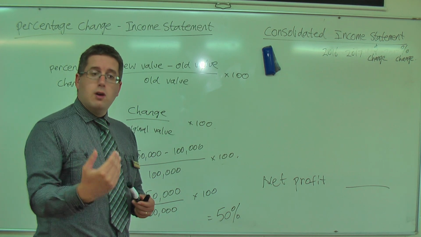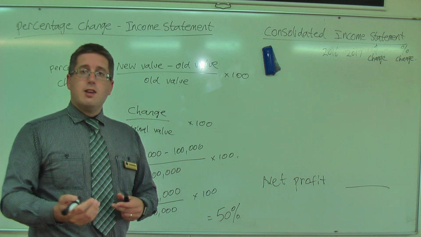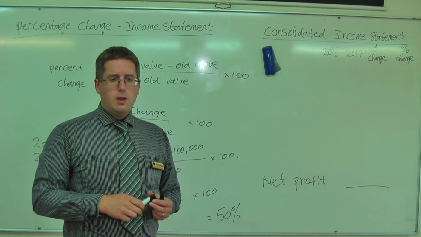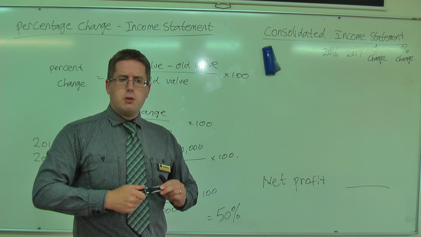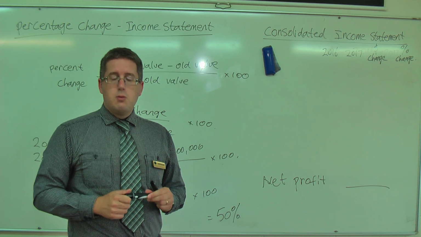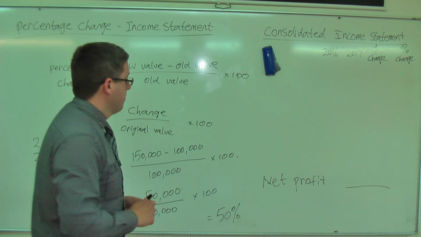Generally, increases in revenue are a good thing, they're favourable, and a decrease in revenue is unfavourable. But there are relationships between revenue and expenses. So sometimes if one changes, the other side also changes.